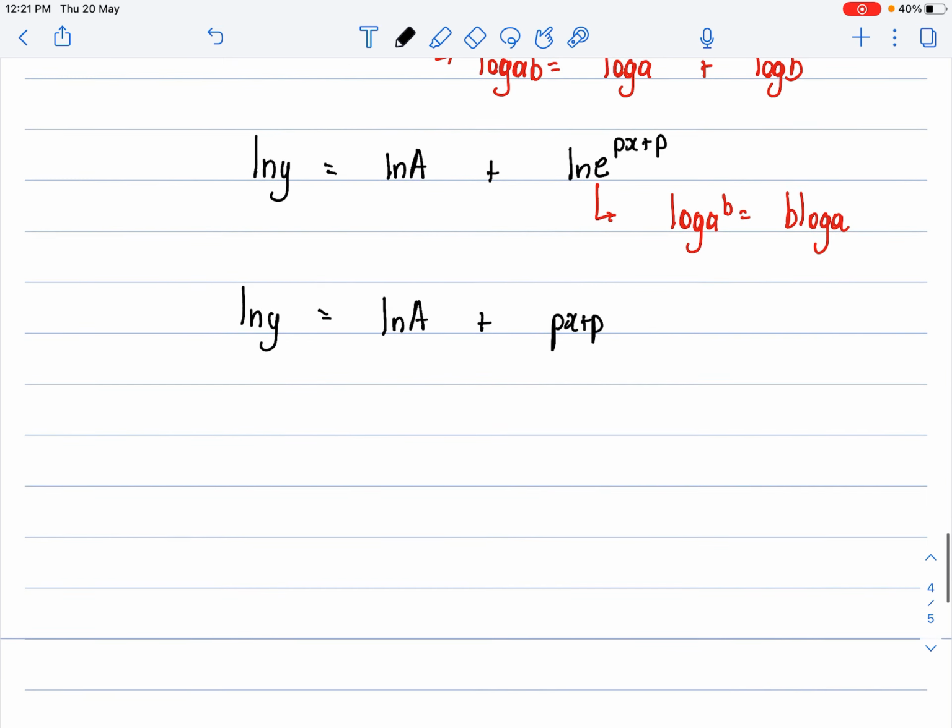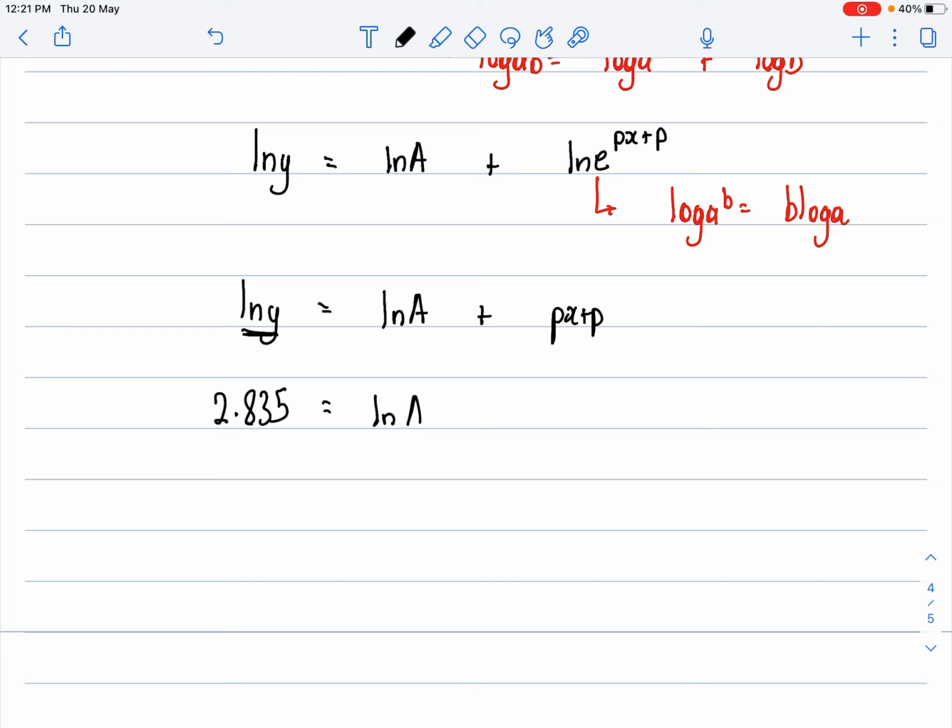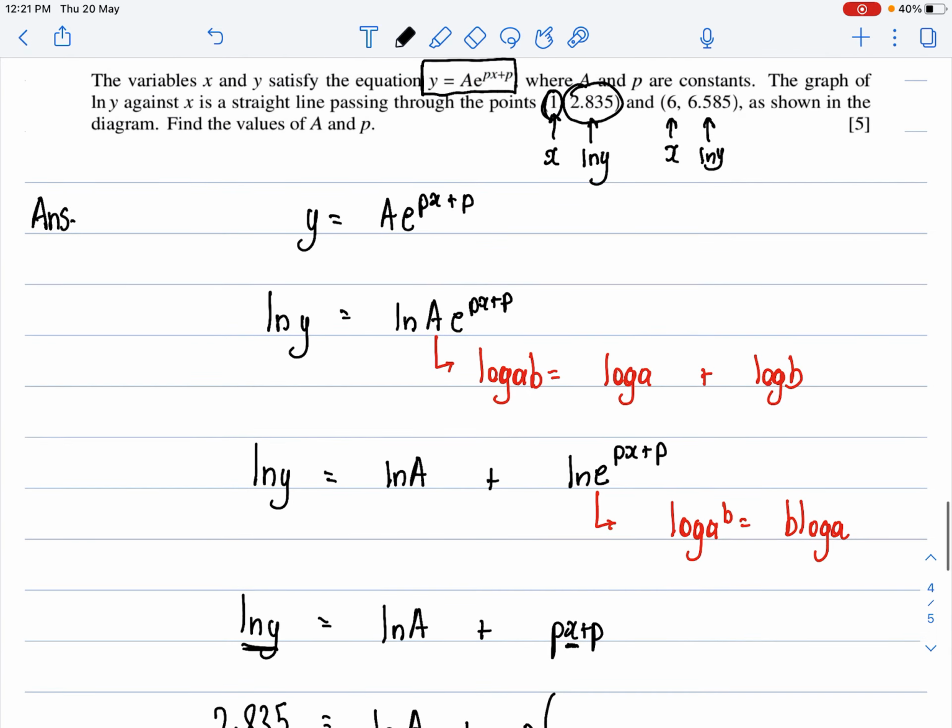Okay, so this is my equation now, where I know my first coordinate I can take as 1 and 2.835. So 2.835 will come in the place of ln y, because I told you the coordinates are x and ln y, equals ln A plus, in the place of x, I can take p common, and x I can take as 1.